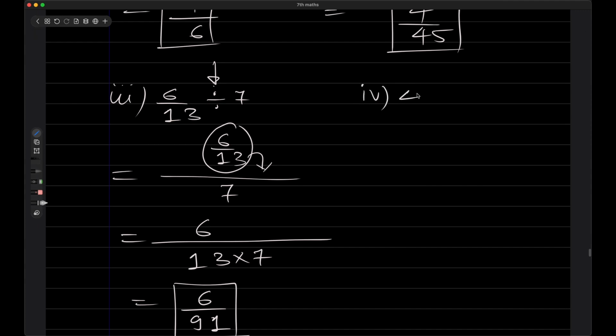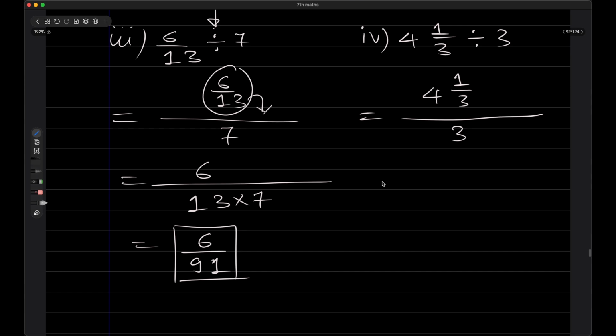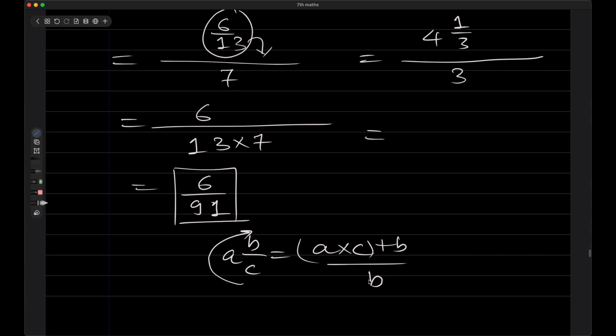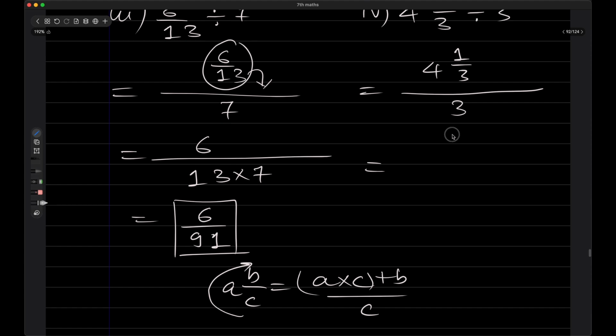Fourth, 4 whole 1 by 3 divided by 3. Starting from the division sign, write left side above the division sign and right side below the division sign, that is equal to, we have to convert the mixed fraction, that is a whole b by c, to the improper fraction, that is a into c plus b divided by c, that is 4 3s are 12 plus 1 is 13 divided by 3, division sign by 3.